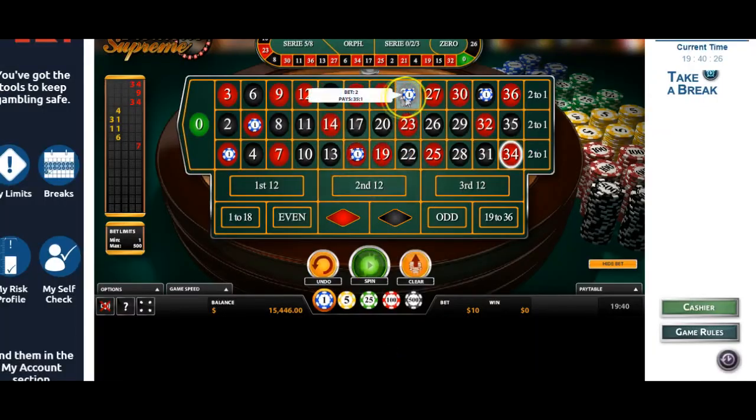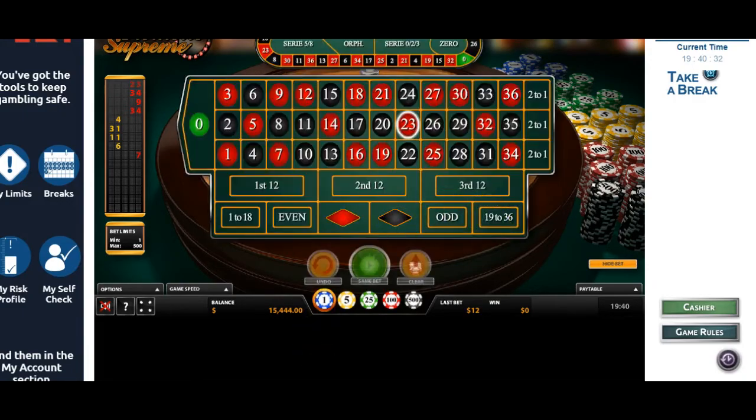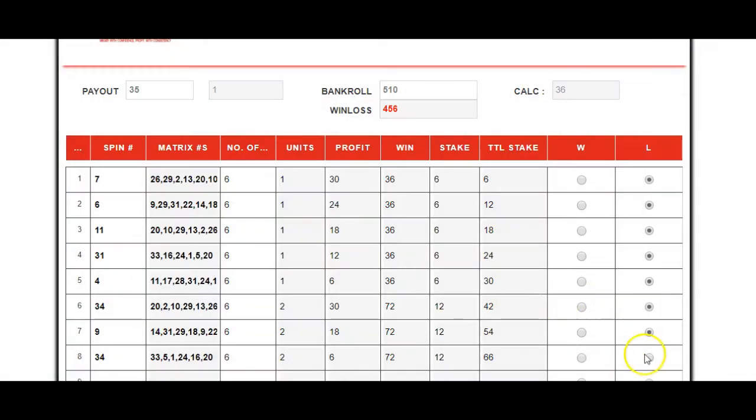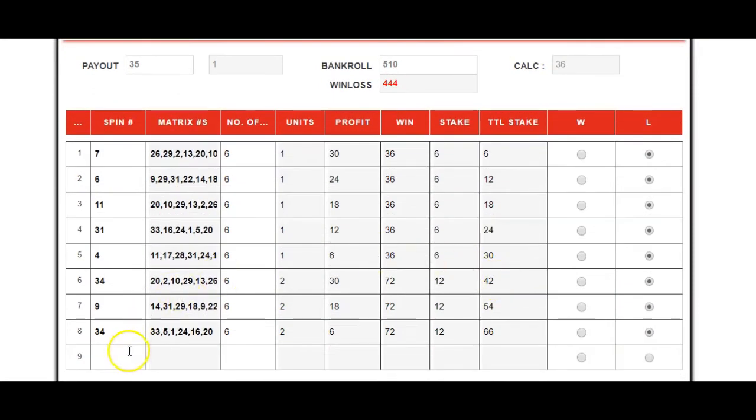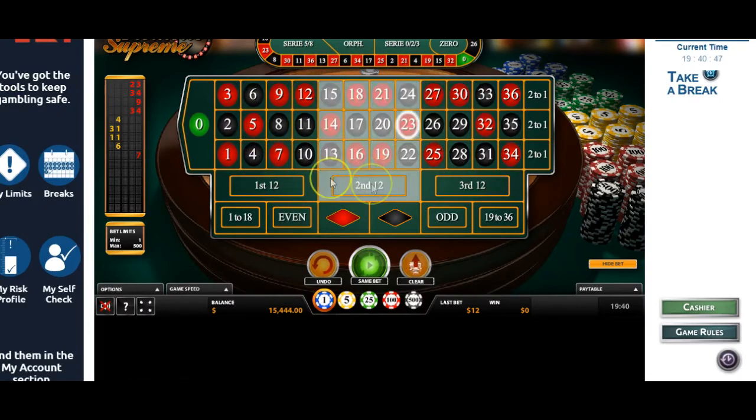Okay. And 20. All right. And 23 came down. Didn't have that. 23. You're putting in 6. Tells you to bet 3, 10, 20, 13. Okay. So we're going to put 3.